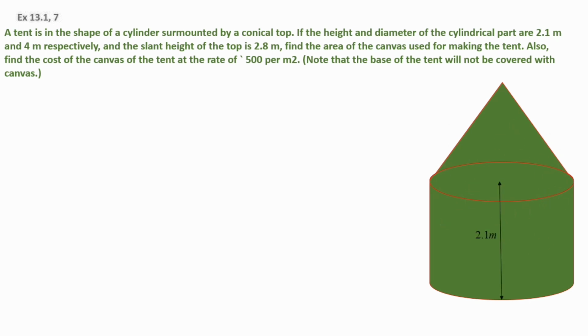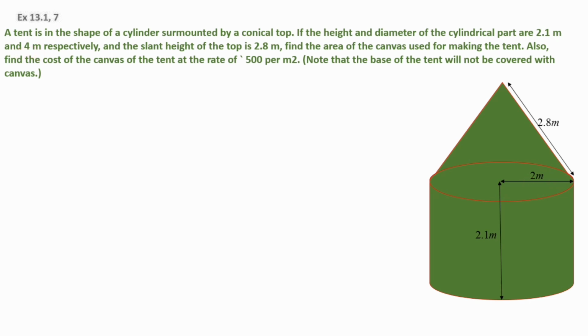Then we will go for marking the given measurement. Then height of the cylindrical part is 2.1 meter and the radius is given to us 2 meter. Here diameter is given. Diameter of the cylindrical part is 4 meter. So directly we can write diameter. From diameter, if you want to write the radius, just half, 4 by 2. 4 by 2 is 2 meter.